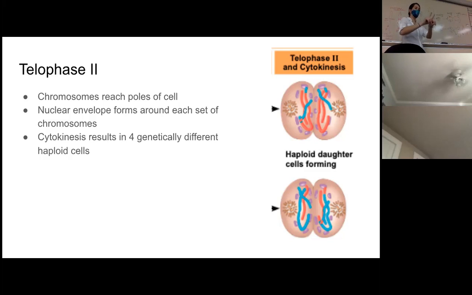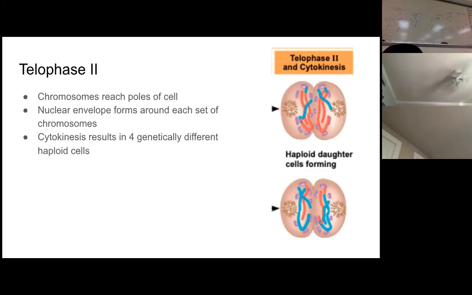It has one of each homologous pair. But remember, our homologous pairs don't have identical information. They have the same category of information, but the type of information they have can be different. If it's brown hair or blonde hair, they both have hair color information, but the information they're holding can be different.